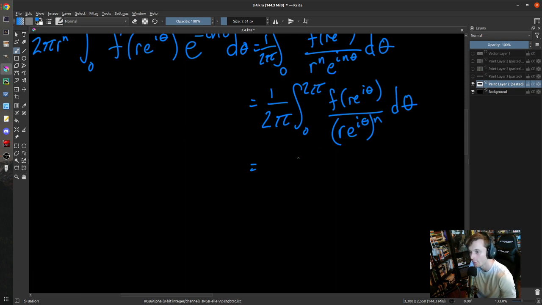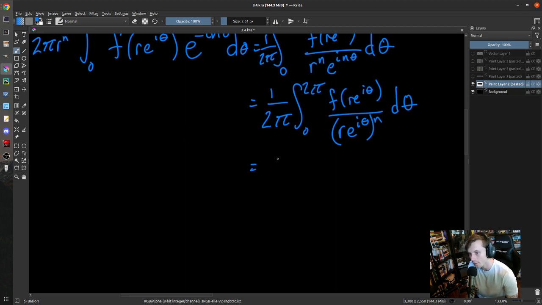Since I see r e to the i theta, I'm going to assume that I'm going about a path gamma of theta, where gamma of theta is given by r e to the i theta. That is, I'm going around a circle of radius r centered at 0 counterclockwise.